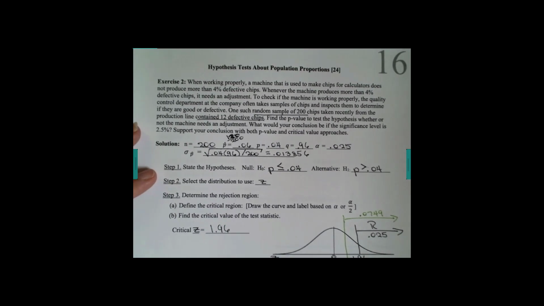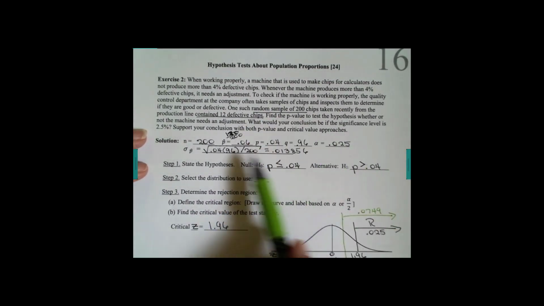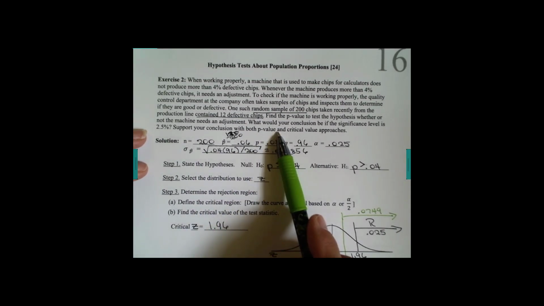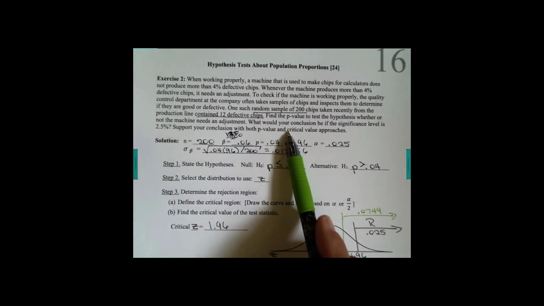Now I want to note something here for you, because I'm going to get an email about this from somebody, and it is calculating the standard deviation. If you have a problem that does not give you a standard deviation at all, like this one, then chances are you've got a proportion problem.